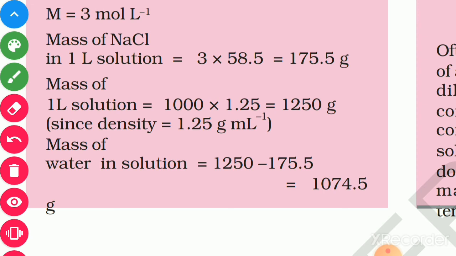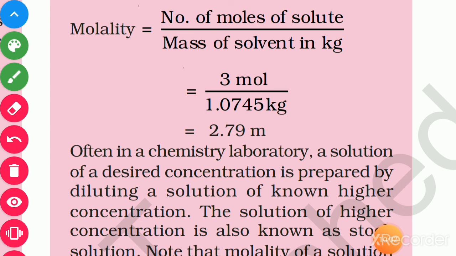Therefore, mass of water in solution equal to 1250 minus 175.5 equal to 1074.5 gram. Now molality equal to number of moles of solute by mass of solvent in kg equal to 3 mole by 1.0745 kg equal to 2.79 molal.